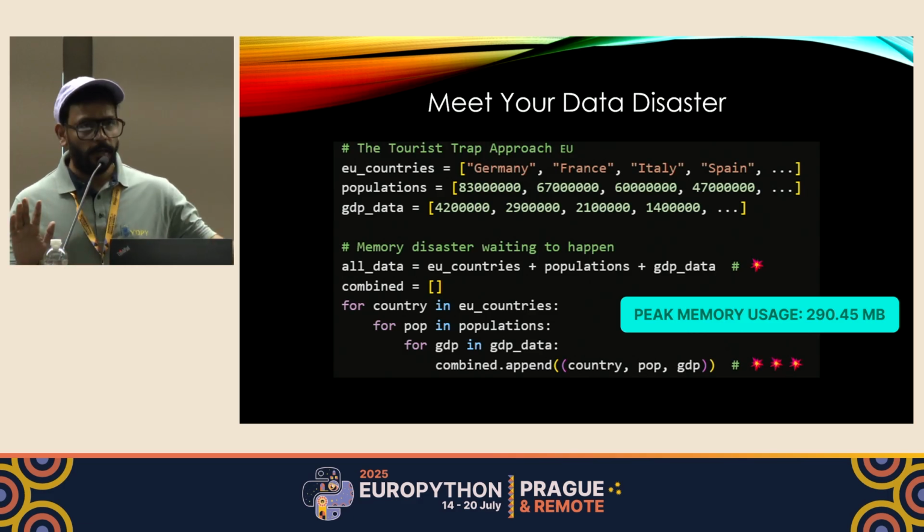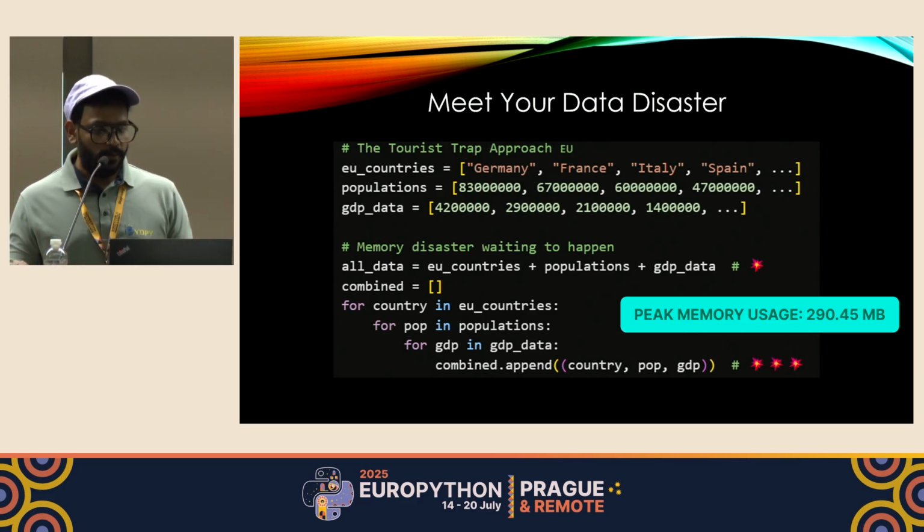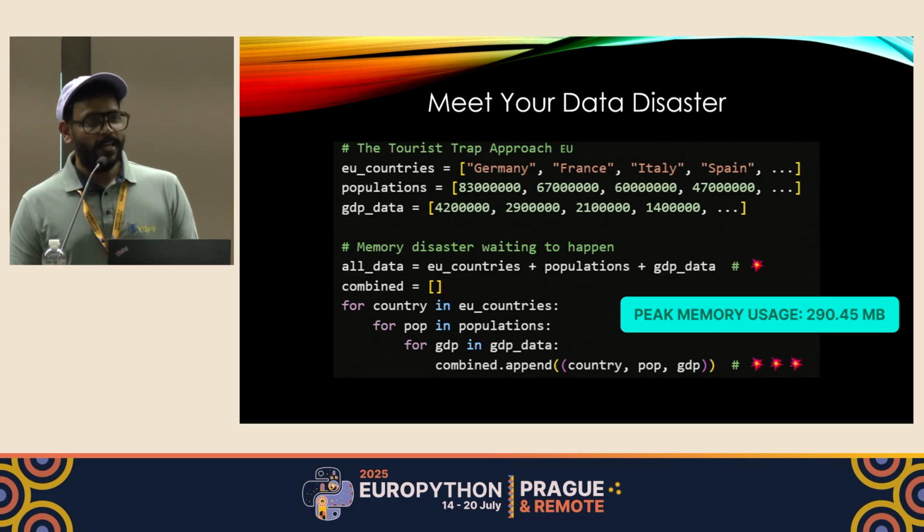At a glance, there is nothing wrong with the code you're seeing on the slide. To be honest, there is nothing wrong at all. But as I mentioned, this is a small chunk of information. Assume you are dealing with 10 different countries and each of the other lists has 1,000 entries. If you do the mathematics, 10 into 1,000 into 1,000 is 10,000 million entries of data being stored in your memory.